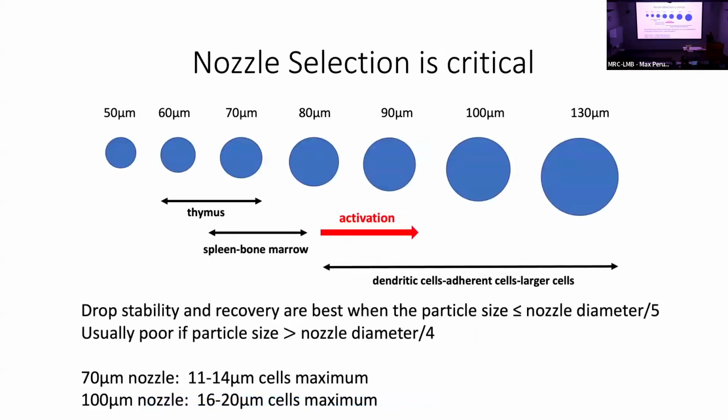So I mentioned a little bit about nozzles, and this is really important vis-a-vis your cell types and your particle types that you actually would want to purify. The reason it's important is because you're going to have different sizes.